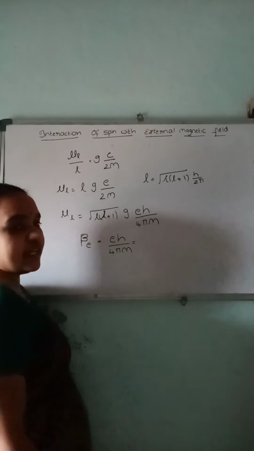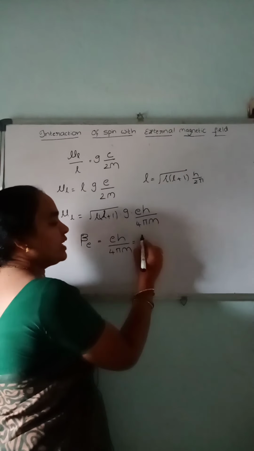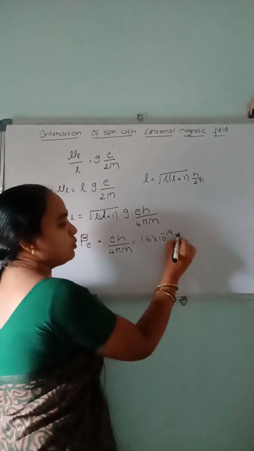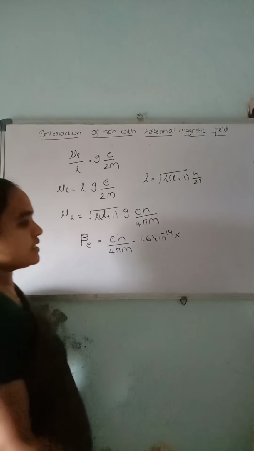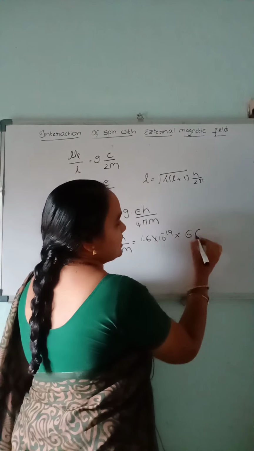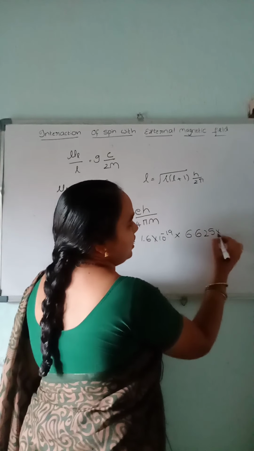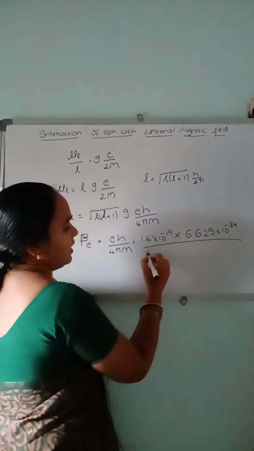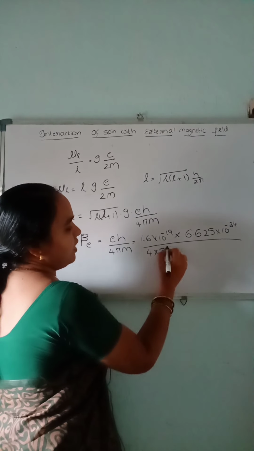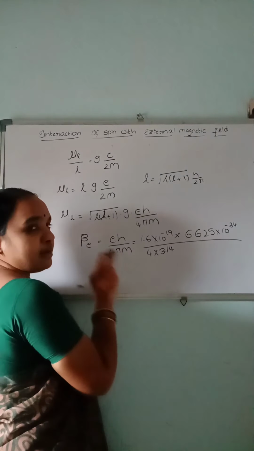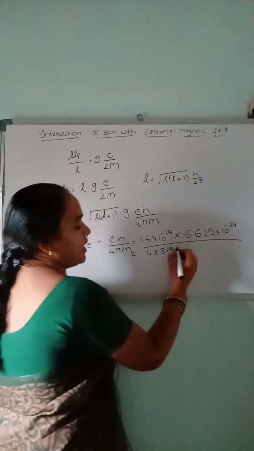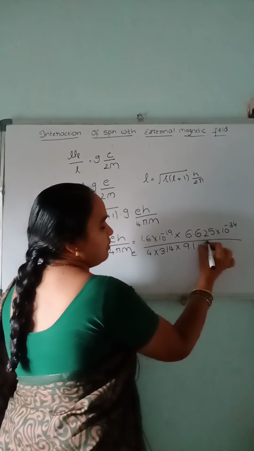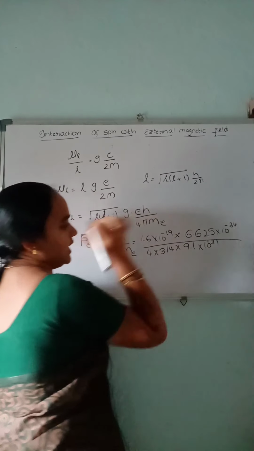Here e is the charge of an electron, 1.6 × 10^-19 coulombs, and h is Planck's constant, 6.625 × 10^-34 joule second, divided by 4 × 3.14, and m is the mass of an electron, 9.1 × 10^-31 kg.